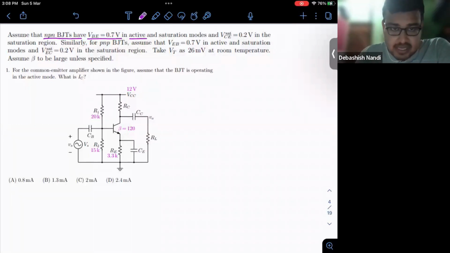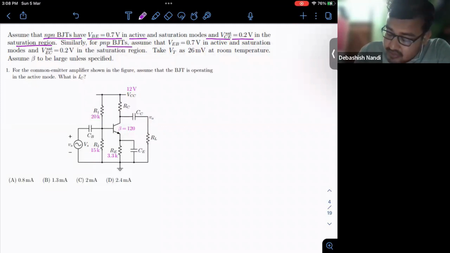This was discussed in the last session, and it should be 0.7 volt. For saturation, the V_CE, the collector emitter voltage, should be taken as 0.2 volt at the boundary of the saturation and active region.